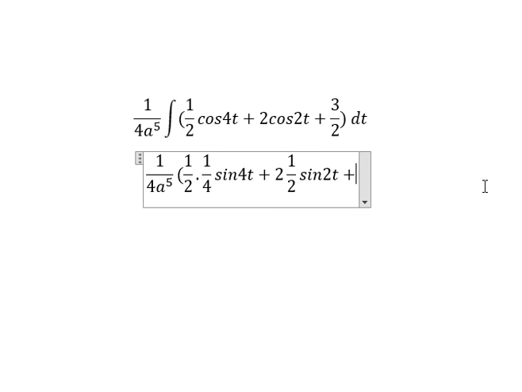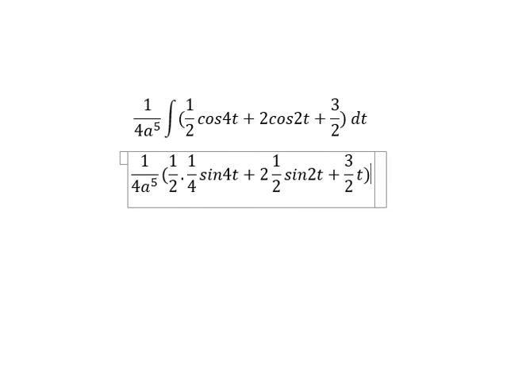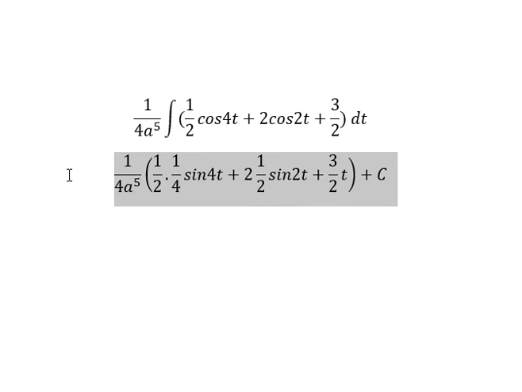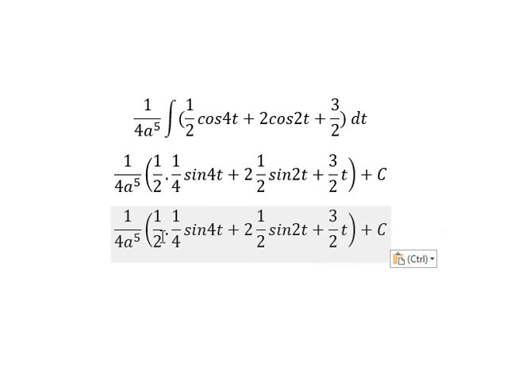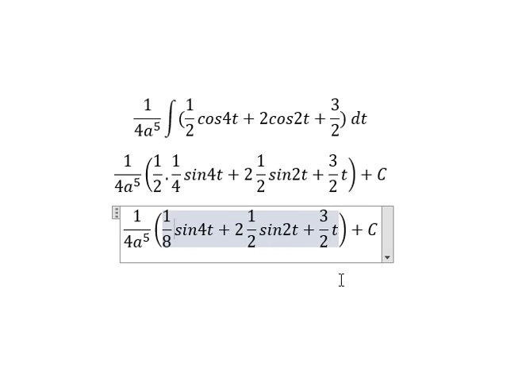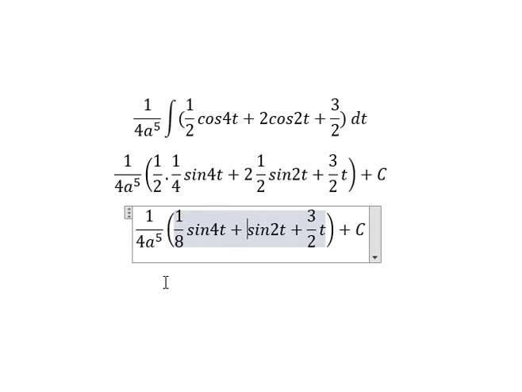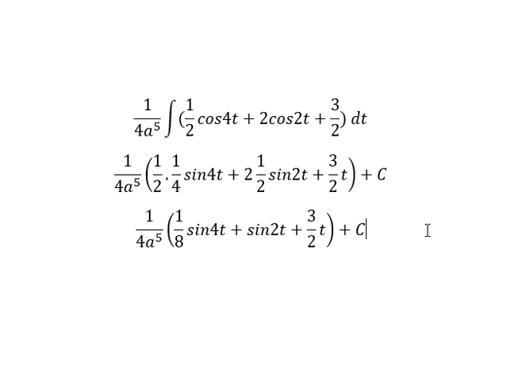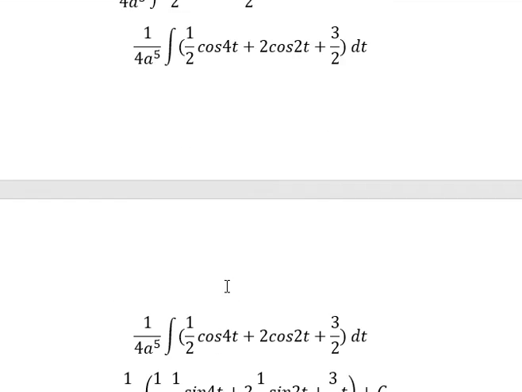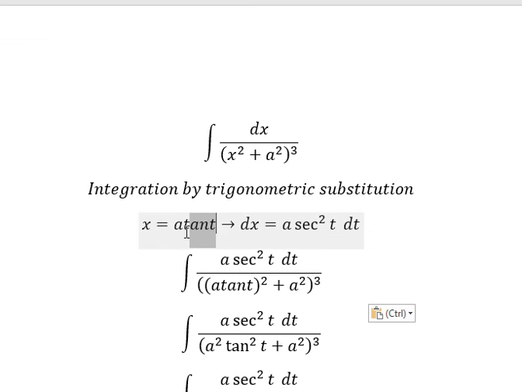This one you get 3 over 2 t, and we put c. This one, number 2 and number 4, we have 1 over 8. Number 2 and number 2 we simplify. About t, that is about this one.